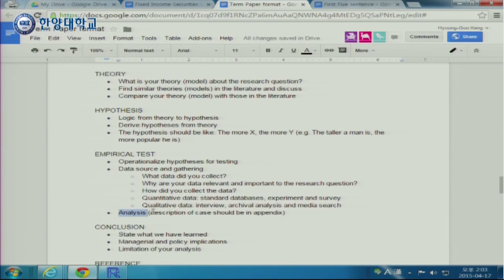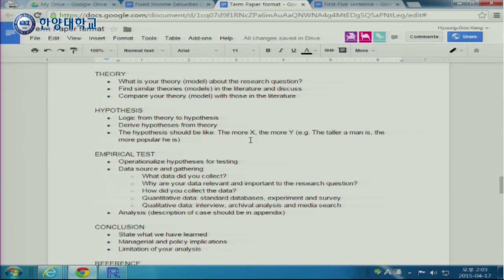And you do the analysis. In the analysis, well, if it is the taller the man, the more popular he is, you need two men, a short man and a tall man. And then you measure the popularity of the short man and the tall man. Okay? So again, the analysis is the same.